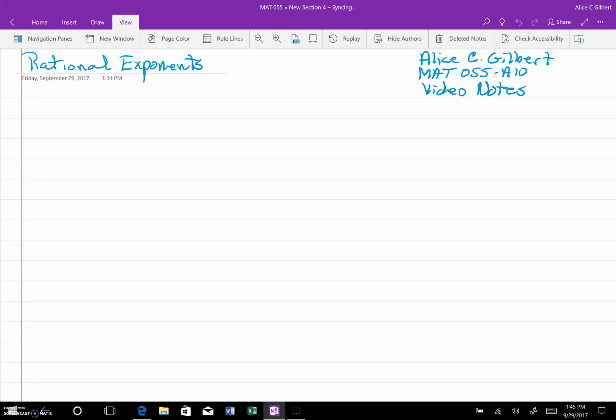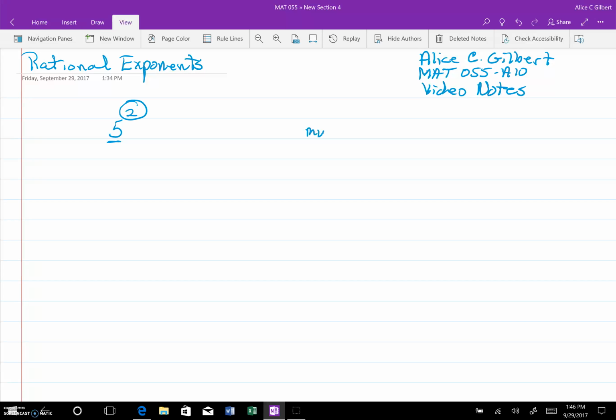Okay, so let's talk about if I have 5 squared. This is an exponent problem. And this tells me that I need to multiply the base by itself the exponent number of times.